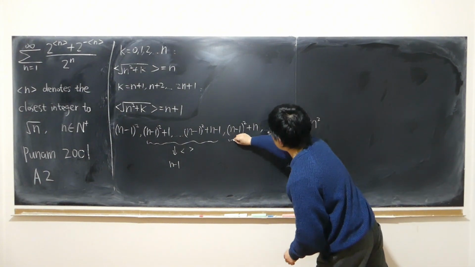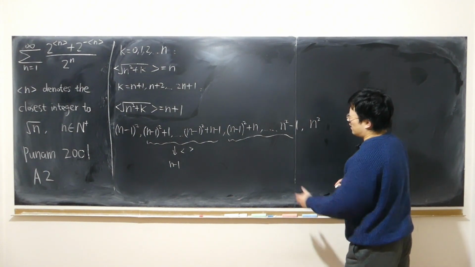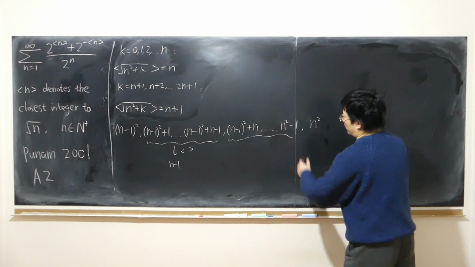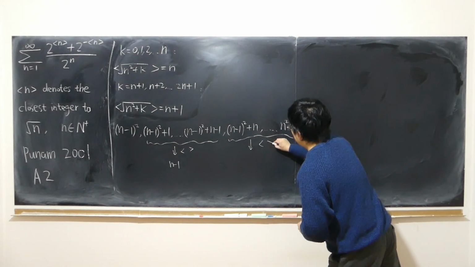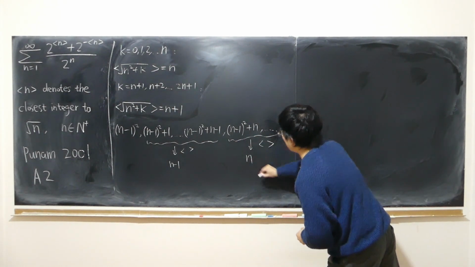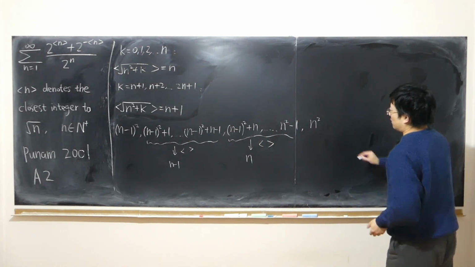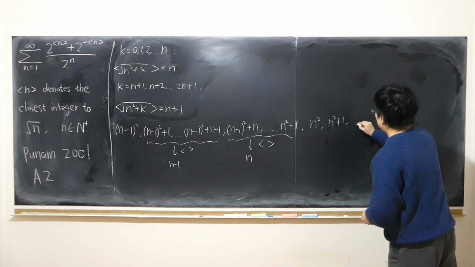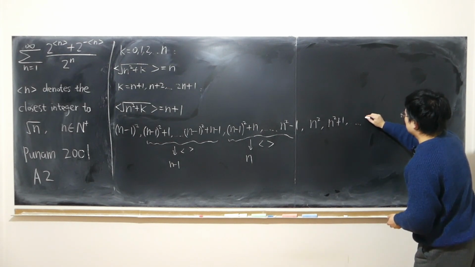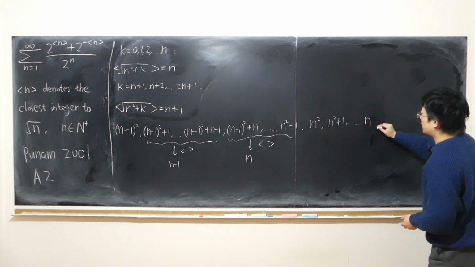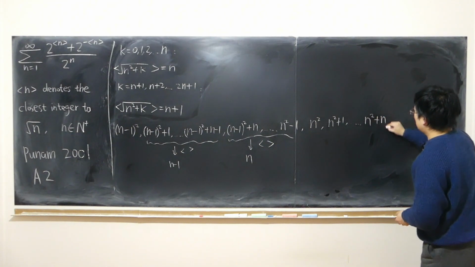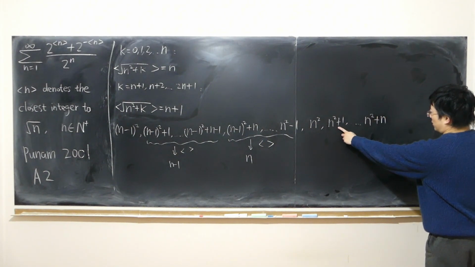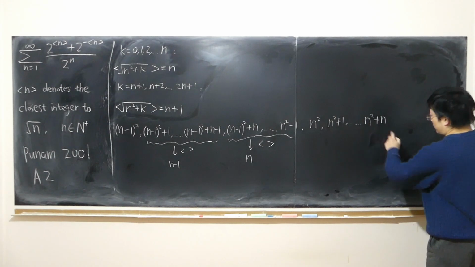Each of those numbers has the closest integer to its square root equal to exactly n. Next, n squared plus 1 up to n squared plus n. From this number onwards, we have exactly n different numbers here.